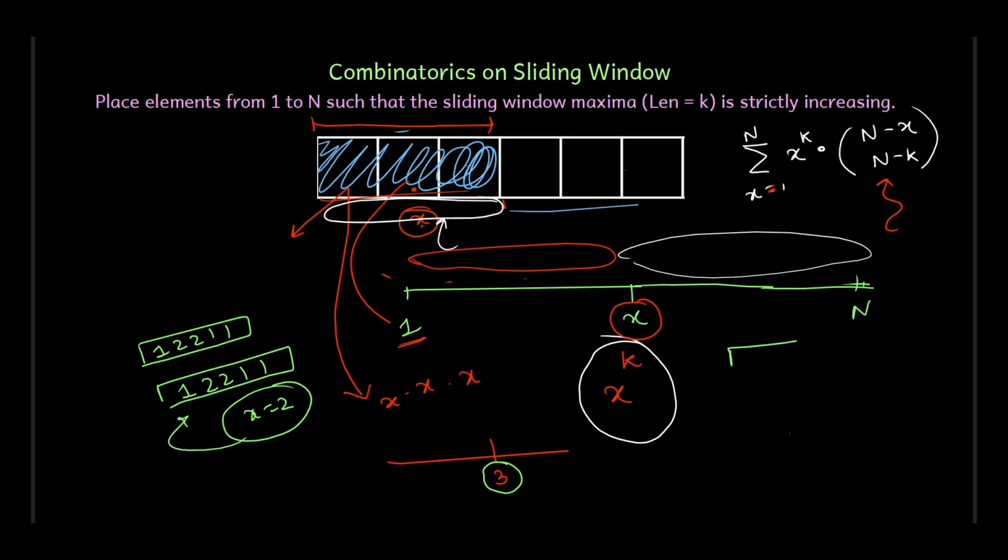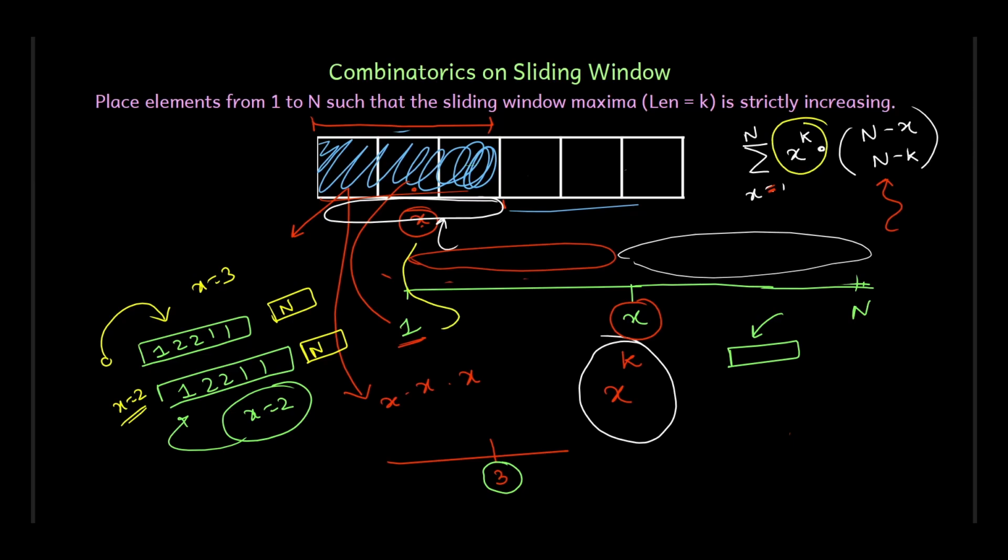So in both of these cases the left half looks equal, and in both of these cases the right half will try to make some choices, and let's say the right half contains only one element, n. So in both of these cases it will contain n. So you see that you just double counted this configuration in x equal to 3 as well as x equal to 2. This means the thing that we are doing wrong is that we are not ensuring that this maxima has actually been achieved.